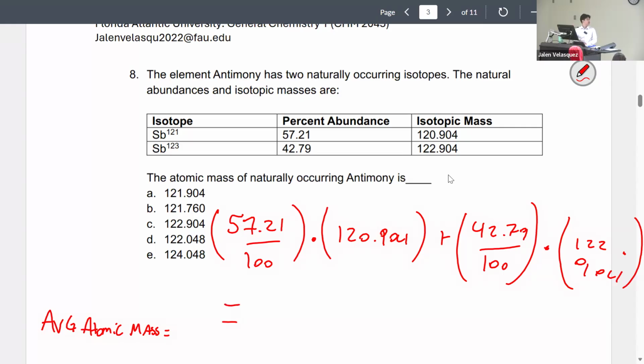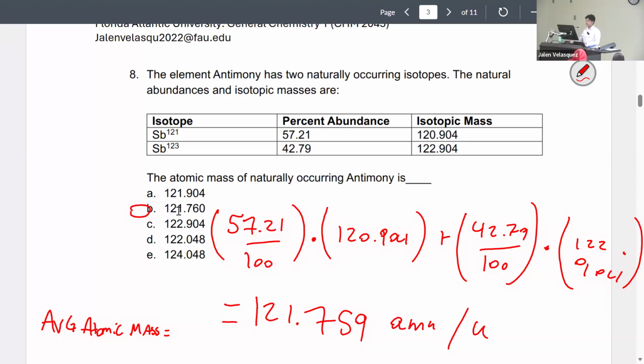And so what do you get for the average atomic mass? Yeah, you should get B, right? When you calculate this, you're going to get 121.759. And by the way, what are the units for atomic mass here? Good, AMU, or you can just use U, means the same thing.